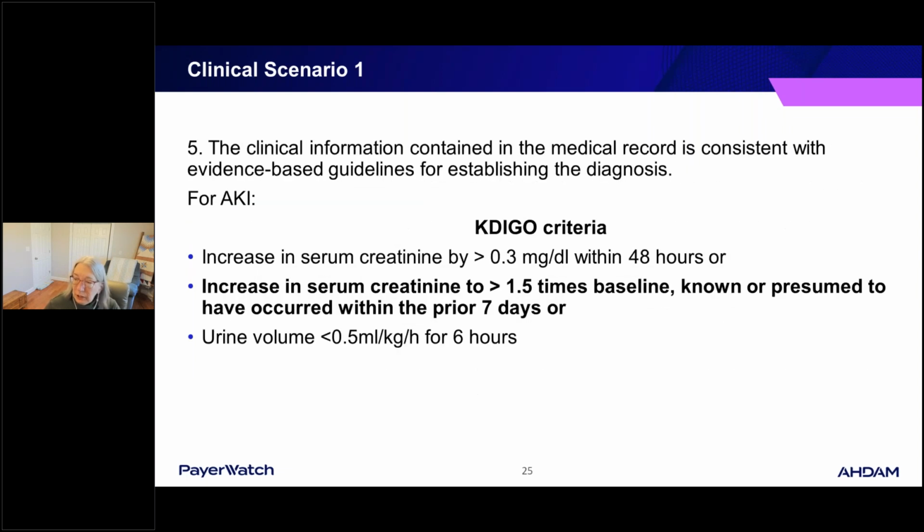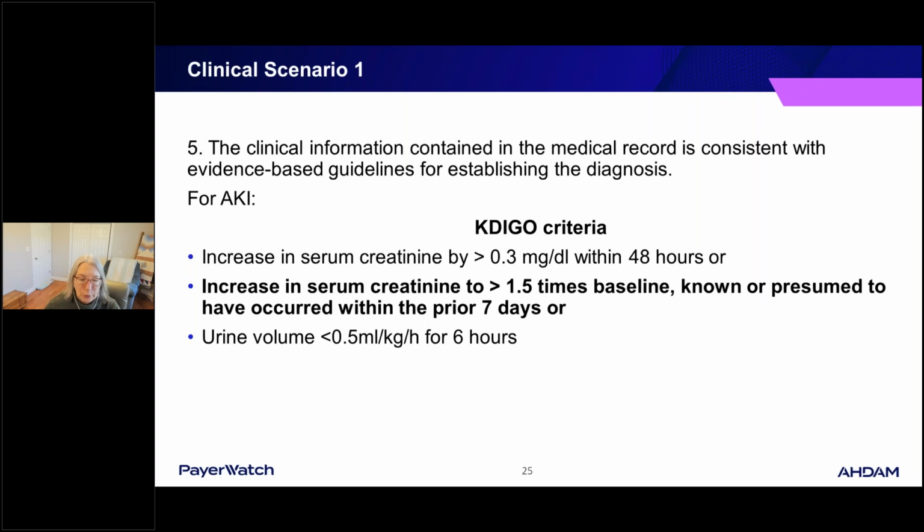And then here's our evidence-based medicine standard, okay? It's always important to include that as well, to say, look, according to KDIGO, for AKI, an increase in serum creatinine to greater than 1.5 times baseline, known or presumed to have occurred within the prior 7 days, is one of the 3 criteria that can be used to diagnose AKI.